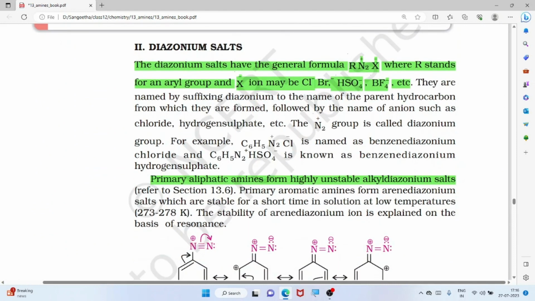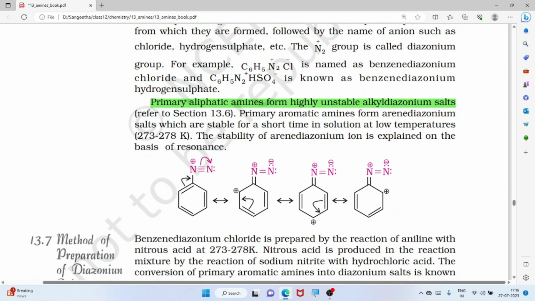Diazonium salts have the general formula like this, where R stands for the aryl group, and X is Cl, Br. Primary aliphatic amines form highly unstable alkyl diazonium salts.